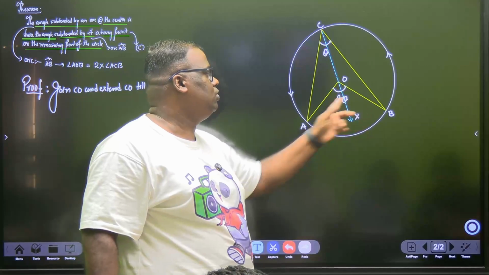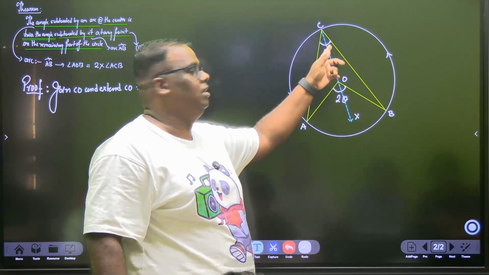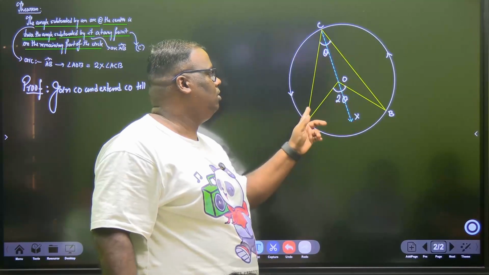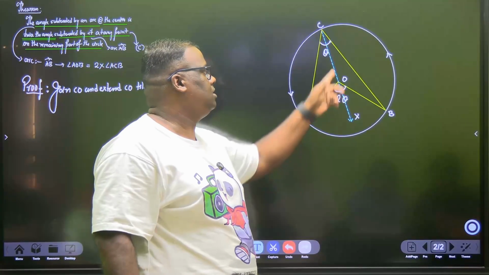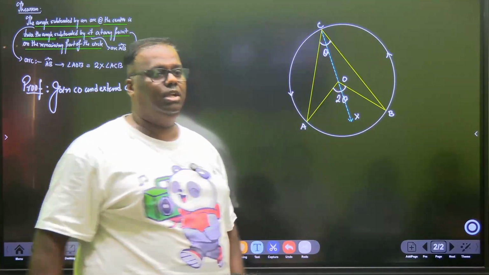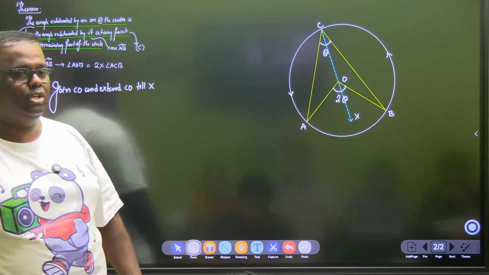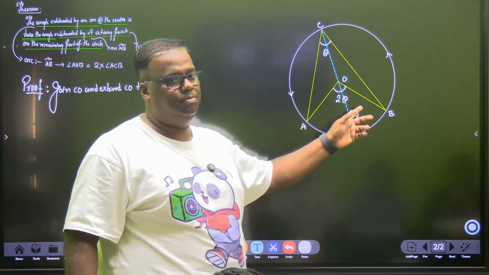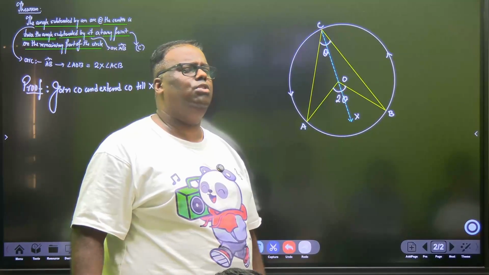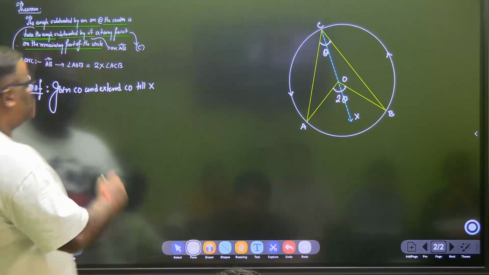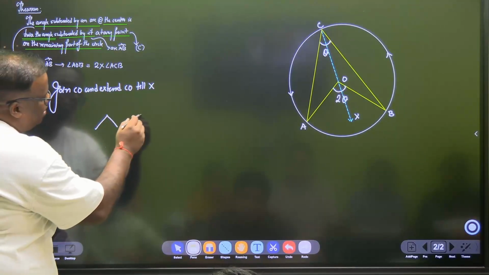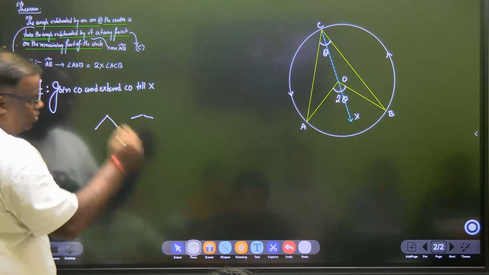That means this angle should be equal to this angle. Again, this angle should be equal to this angle also. If there are two isosceles triangles whose arms are equal, then their base angles should also be the same. Is it? No, it need not be. Why? An isosceles triangle can be like this, and with the same length, it can be like this also. How do you say the base angles are equal?